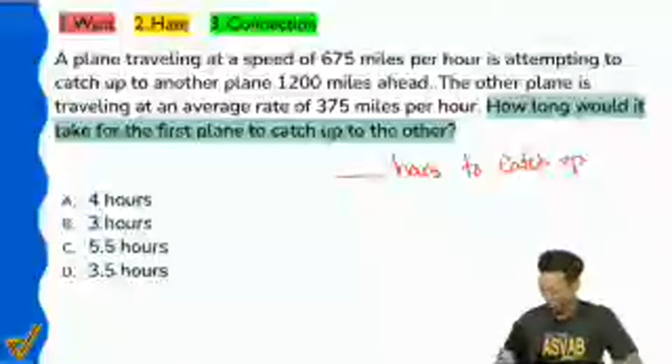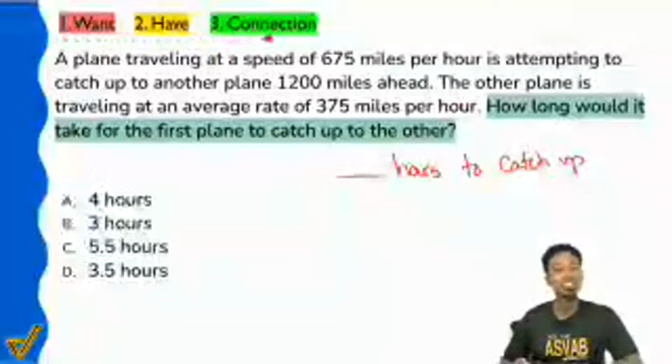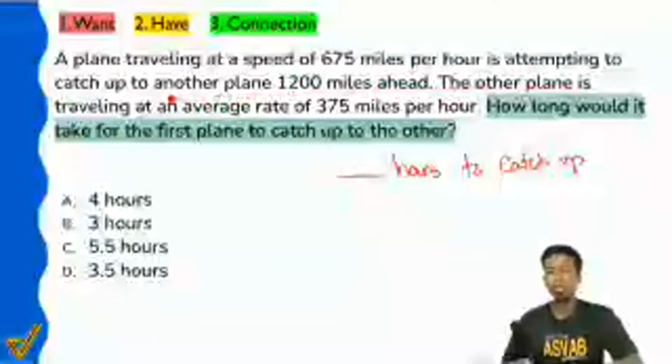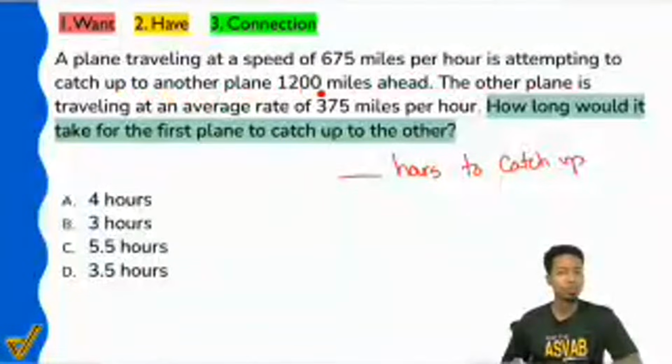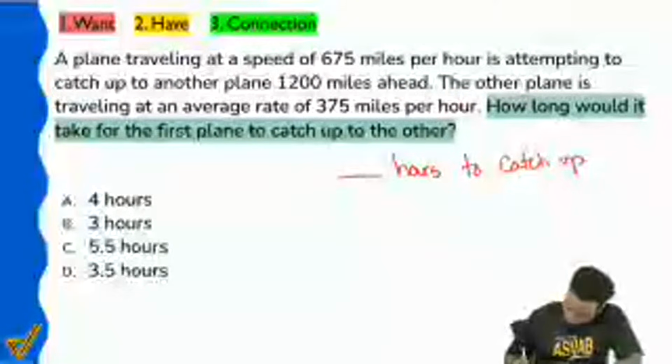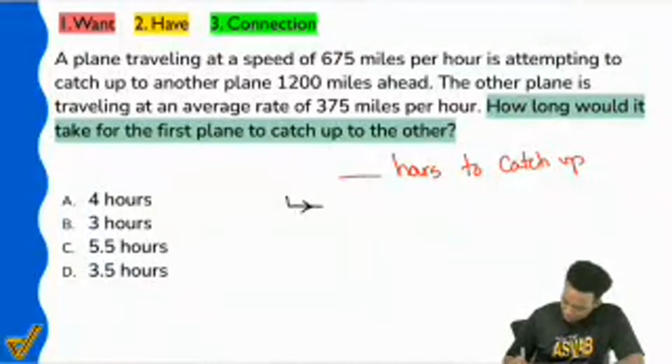We have here a plane traveling at a speed of 675 miles per hour attempting to catch up to another plane 1,200 miles ahead. The other plane is traveling at an average rate of 375 miles per hour. Okay, sounds good. So what that tells me is we have one plane right over here that's already ahead. This one is going at 375 miles per hour.